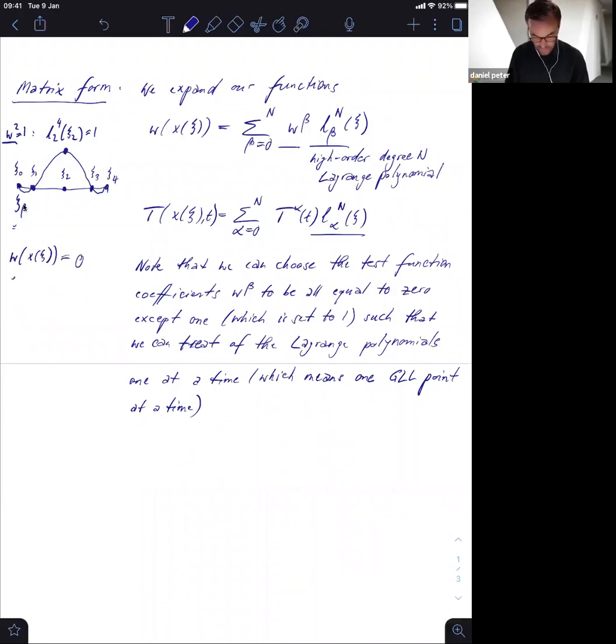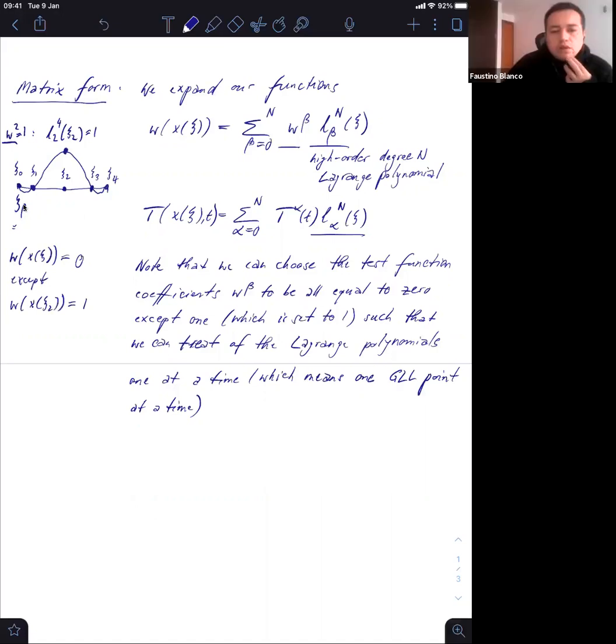It is 0 except at position psi 2, at that GLL point, where it would be 1. What did you mean with one at a time? I mean, it doesn't depend on time. It's always one, right? It's always the same.